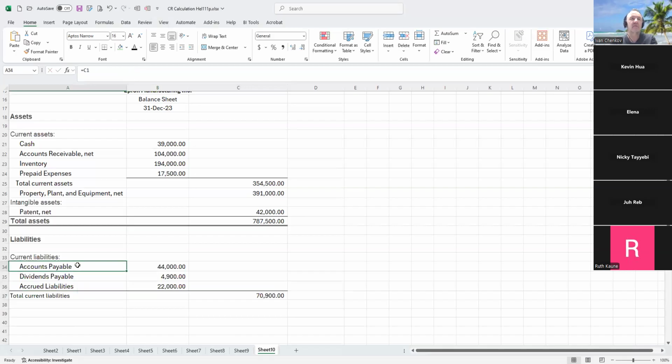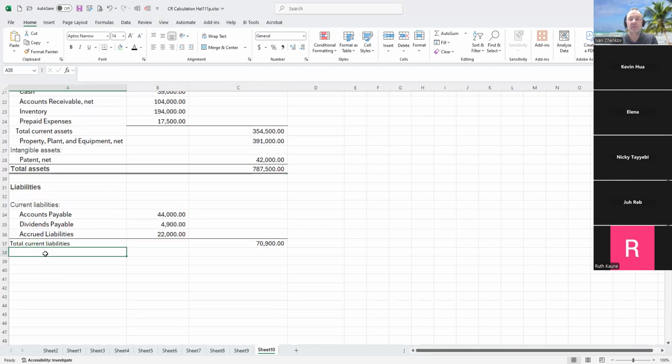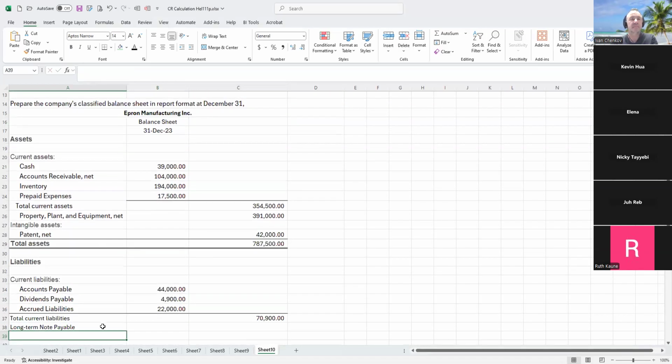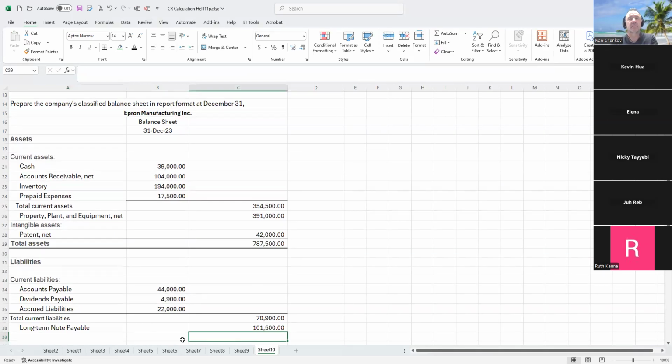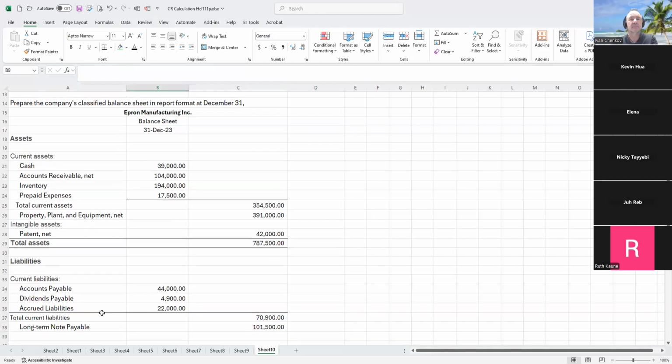Long-term liability. What will be our long-term liability? There's only one long-term liability, right? That will be the long-term notes payable, which is exactly going to come here. So we get our total liabilities, correct?